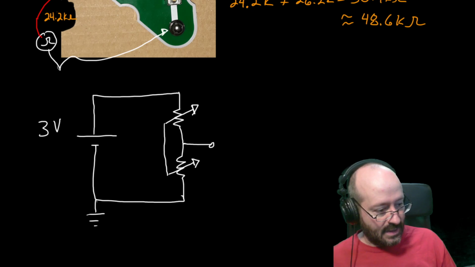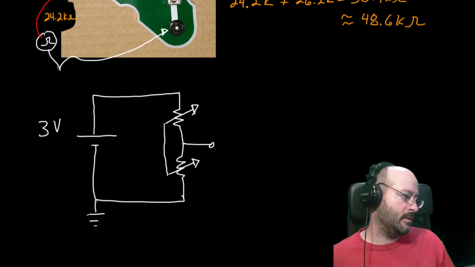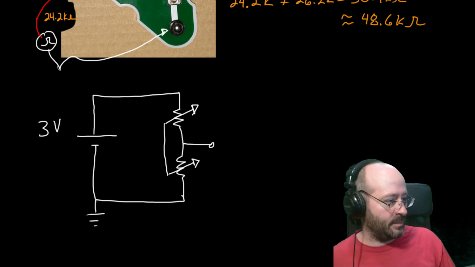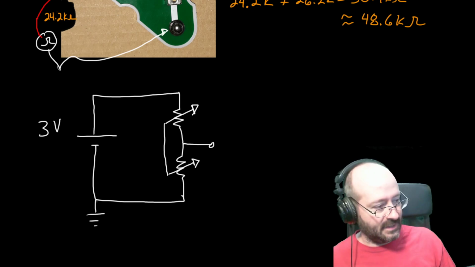So let me see if I have a good picture for you for this one. If not, I'm going to take a picture right quick. Oh, I did. I hooked it up to the LED as well. But we can do it with measurements.